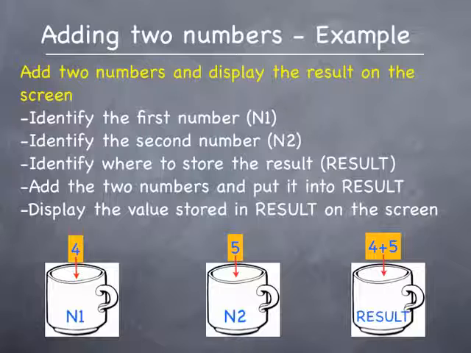The second container is called N2 and it stores the value 5. The third container is called Result and it stores the addition of 4 and 5, which is 9. What I have tried to explain is that the task of adding two numbers would require you to identify a so-called container to store the values and then work with the values to accomplish the given task.